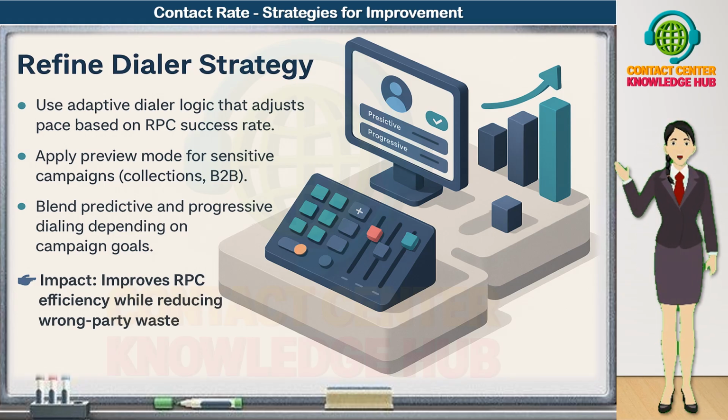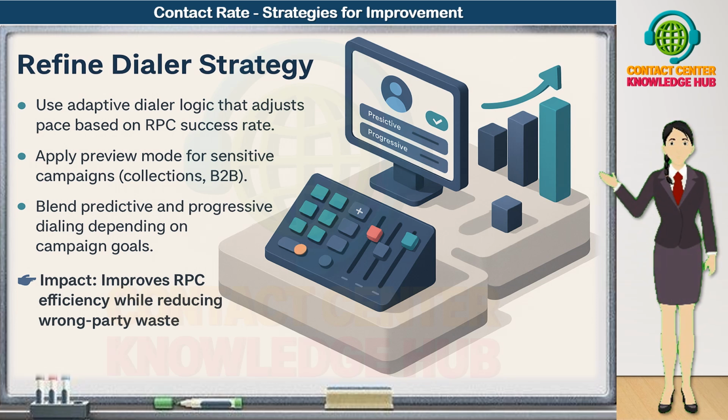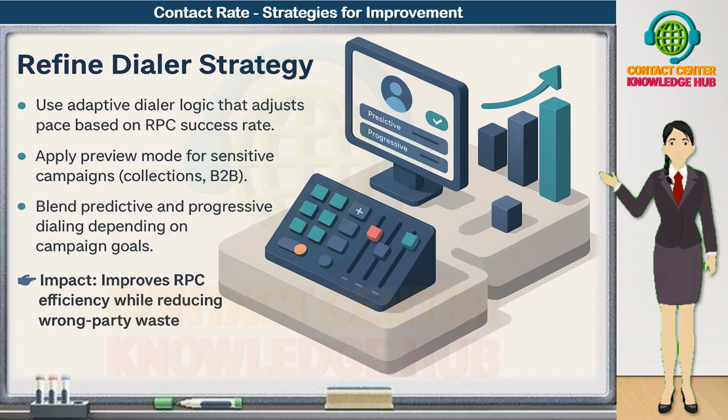For sensitive campaigns, such as collections or B2B engagements, switch to preview mode. This lets you review customer details before dialing, ensuring a more accurate and respectful outreach. Finally, consider blending predictive and progressive dialing modes depending on your campaign goals. Predictive for speed and scale, progressive for quality and control. Impact: dialer strategy improves right-party contact efficiency, while reducing wrong-party waste, striking the perfect balance between volume and precision.